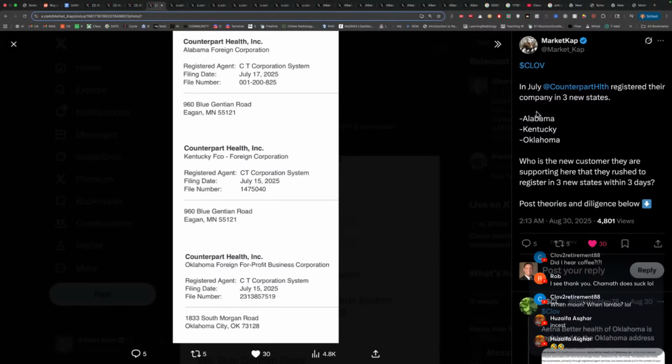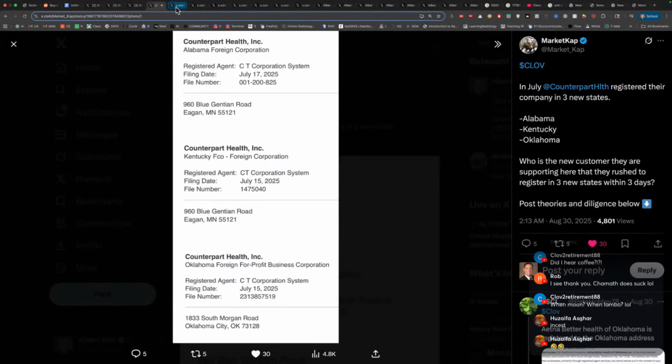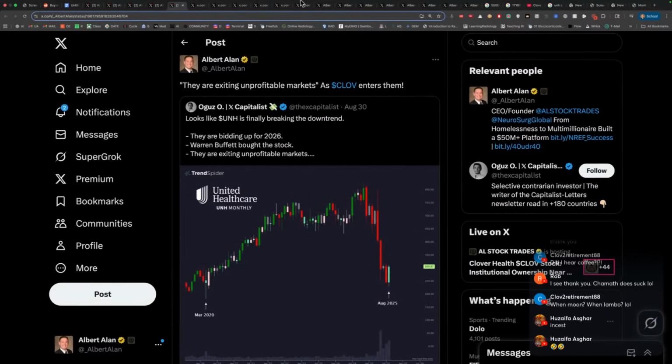That's as far as I can go. I don't know. Could it be another pipeline? It's not like they're setting up a barbershop there, right? I mean, they're doing something Counterpart related. So yeah, there's that.